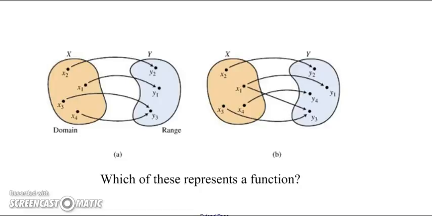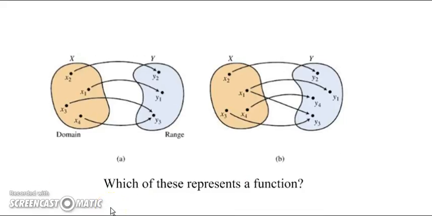Take a look at two representations, A and B, and try to determine, based on that definition, which of these represents a function. The tan set would be the domain, and the gray set is the range. Which one represents each element of the domain being assigned a unique value in the range?